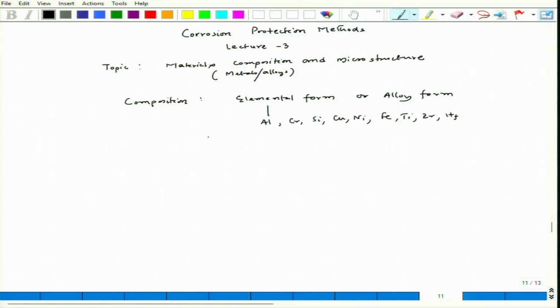Examples are gold (Au), platinum, palladium, and even to some extent silver.